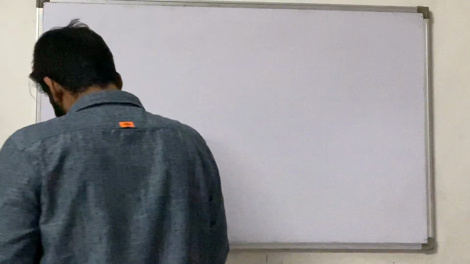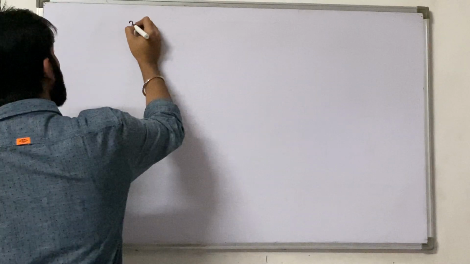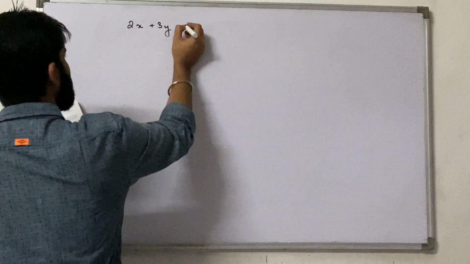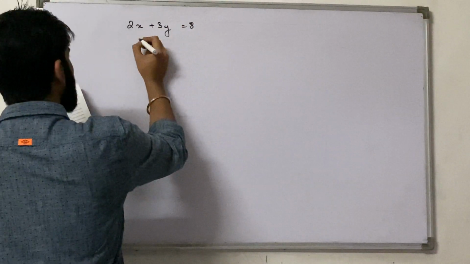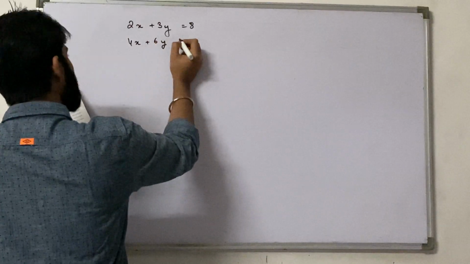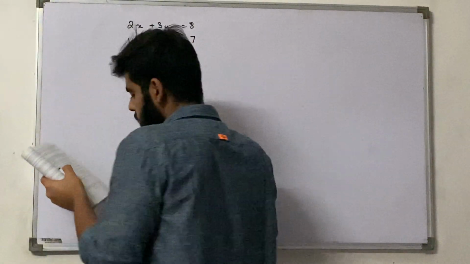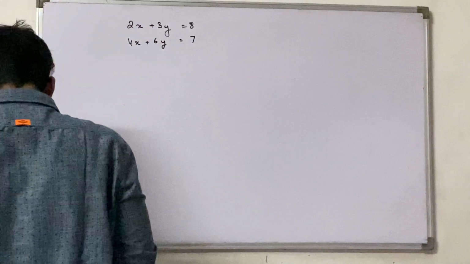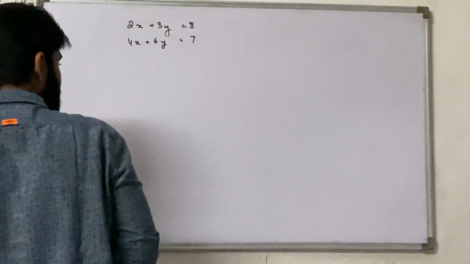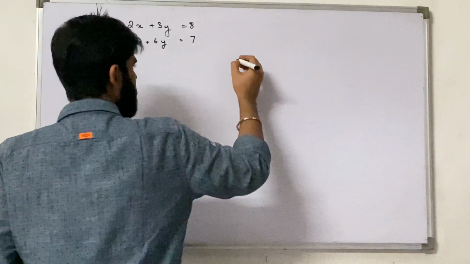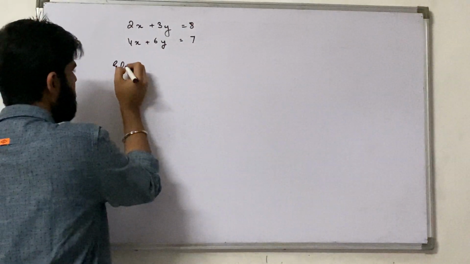Example number 12 states that 2x plus 3y is equal to 8 and 4x plus 6y is equal to 7. Now we will calculate this by elimination as well as our substitution method. So first of all, we will start with elimination method.